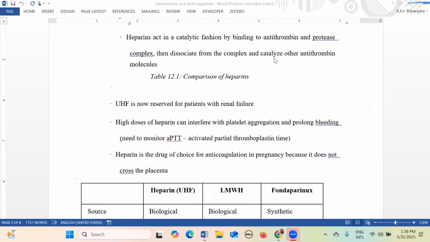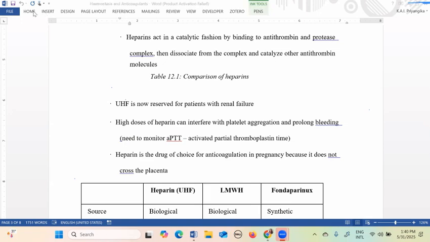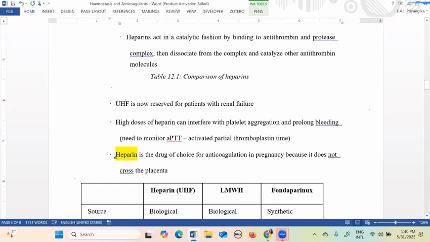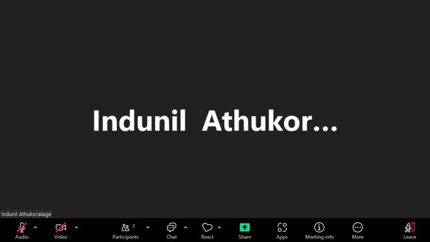So heparin is the drug of choice in pregnancy for anticoagulation because it does not cross the placenta, right? So can we now discuss the mechanism of action of heparin?